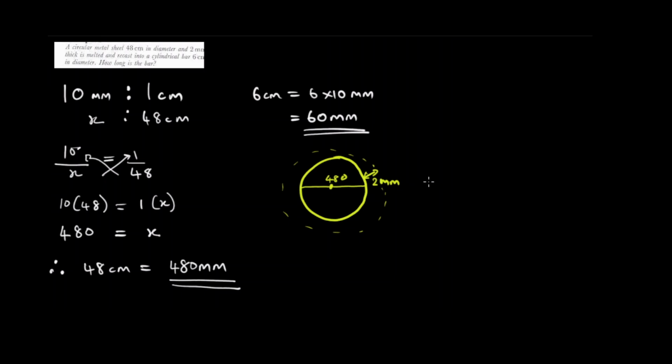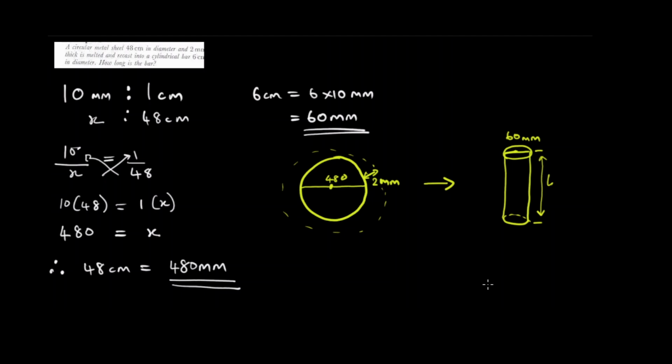Remember, a cylindrical bar looks like this, with 6 centimeters in diameter, so it's 60 millimeters like that. The question is, how long is the bar? We want to find this length.